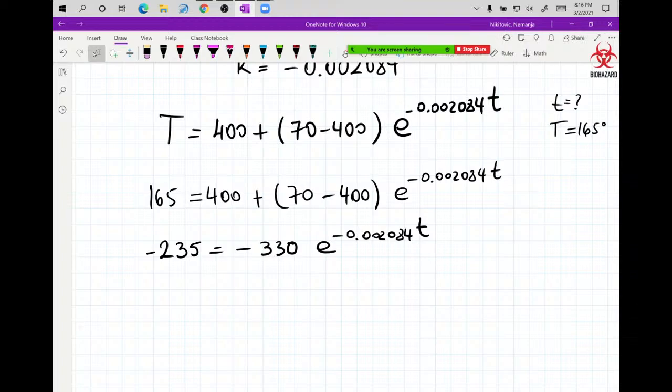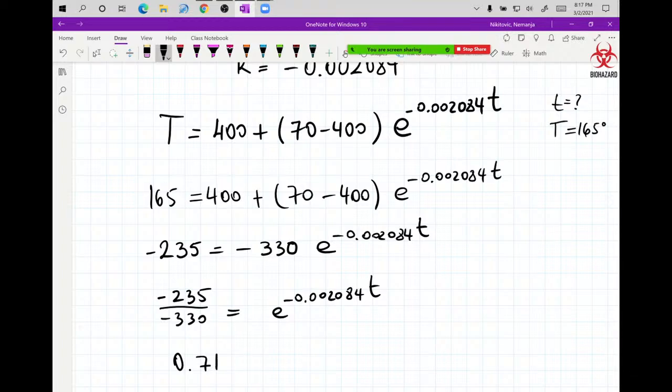Divide both sides by 330, and then those negatives will drop. So we have 235 divided by 330, 0.7121 is equal to this.